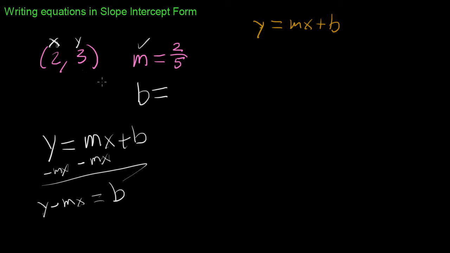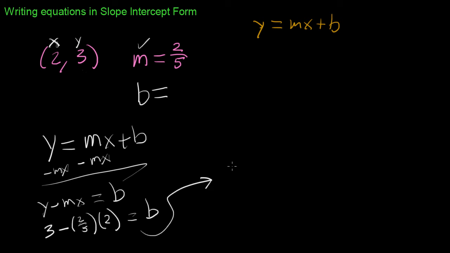Plugging in, y is 3, minus our slope, 2/5, times our x, which is 2. So I plugged in for y, m, and x, and that gives me b. I have some arithmetic to do here: 3 minus 4/5. Hey, that arithmetic looks a little bit familiar.